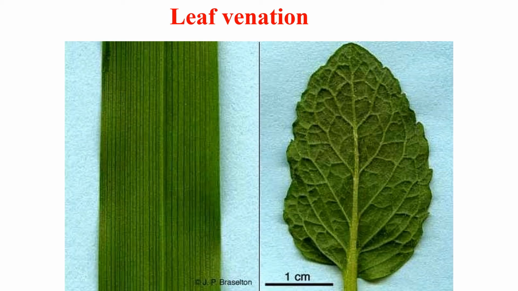There are other differences as well, as you can see in these two pictures. A monocot, the picture on the left hand side, has the veins arranged in straight lines. For example, in maize, which is a monocot.